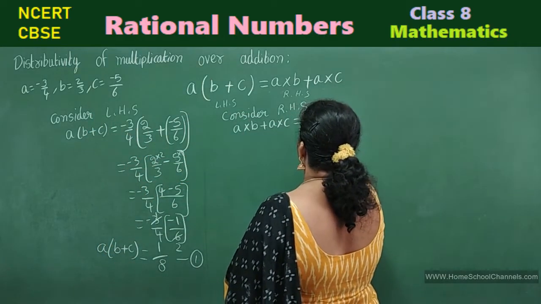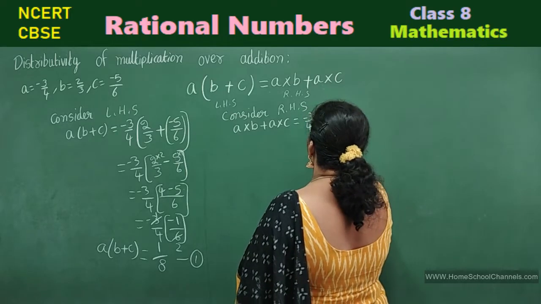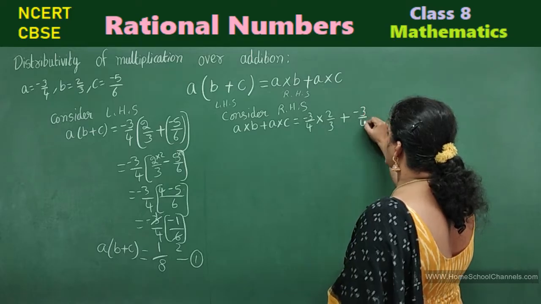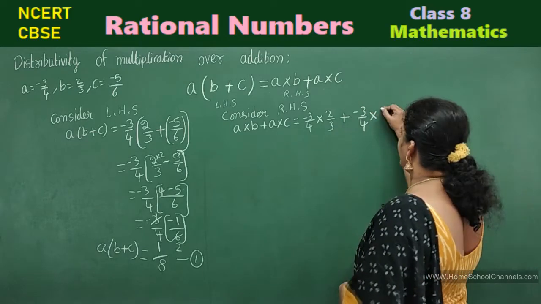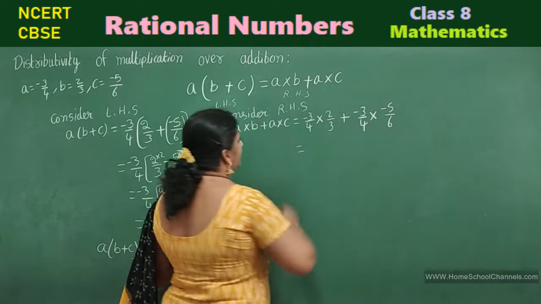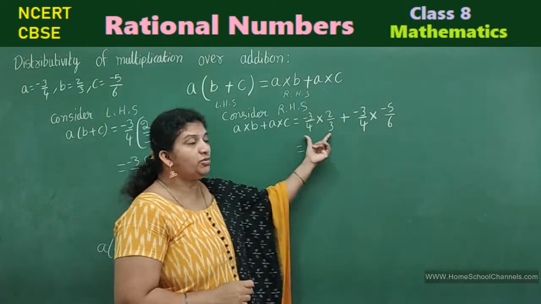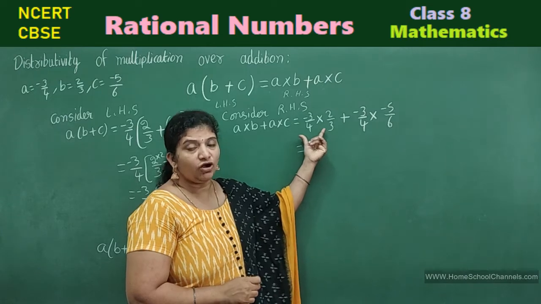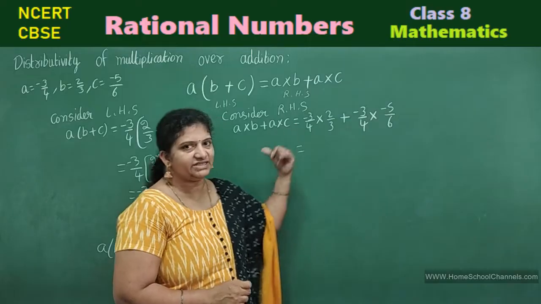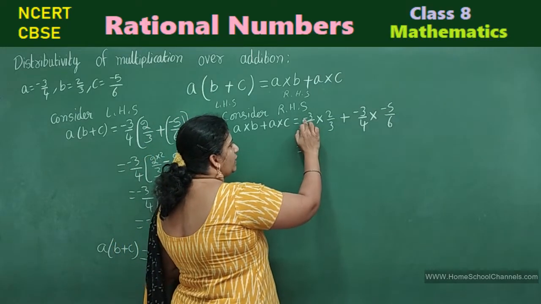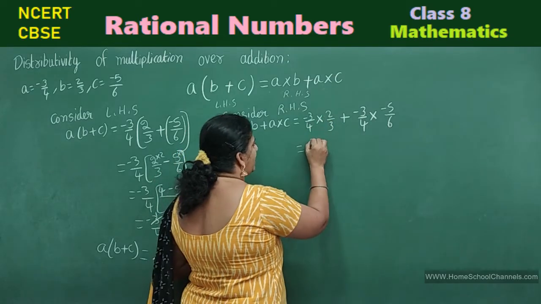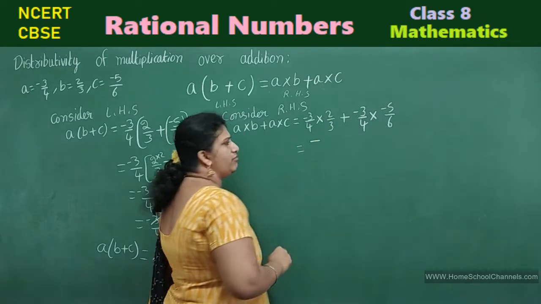A value is minus 3 by 4 into B value is 2 by 3 plus A value is minus 3 by 4 into C value is minus 5 by 6. When you are doing this, first you need to multiply, according to BODMAS rule, first multiplication, then addition. So these two, minus into plus, it will be minus.